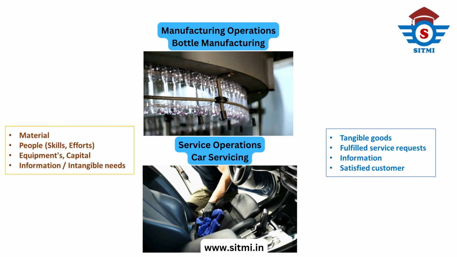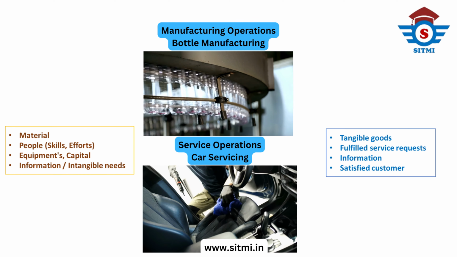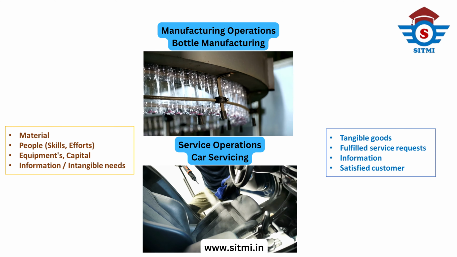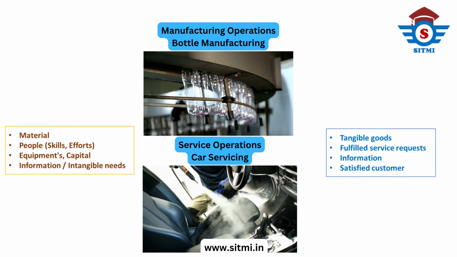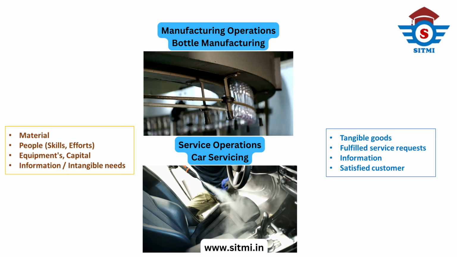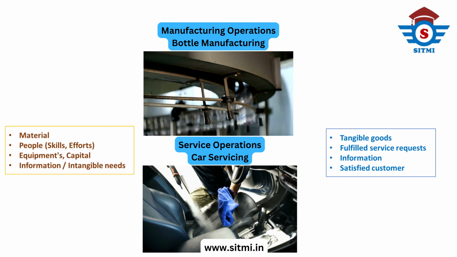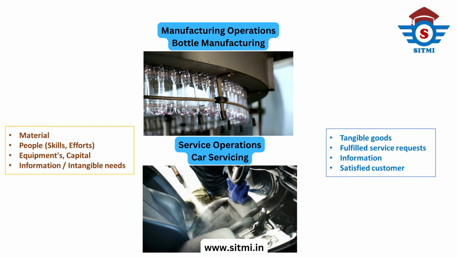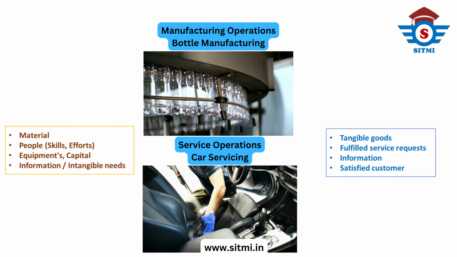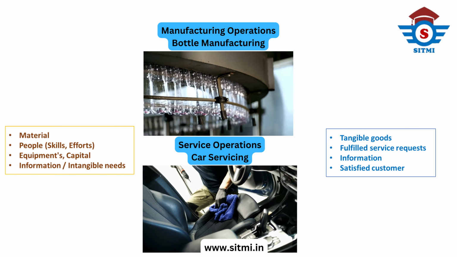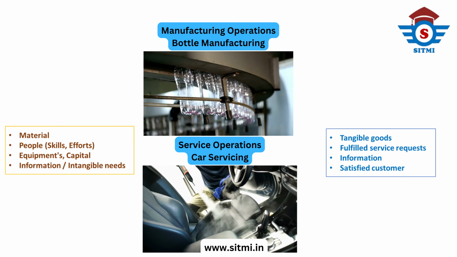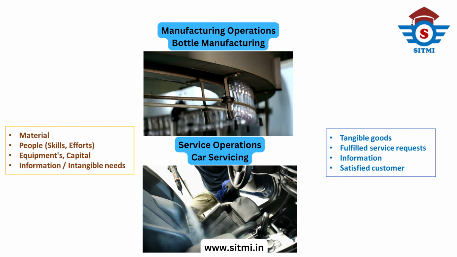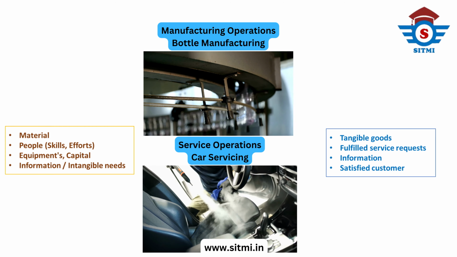To run these machineries and these operations, certain equipments are required. Also you will see inputs in the form of intangible needs or information. So you will have some information to produce these bottles, such as the quantity that needs to be manufactured, the color, and the time you need to complete your manufacturing. So all these are also your inputs.